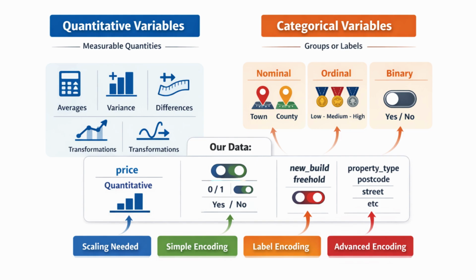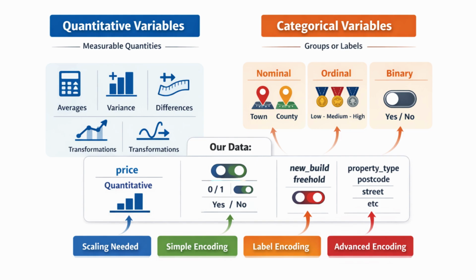These are numeric variables with mathematical meaning. You can compute averages, calculate variance, measure differences, and apply mathematical transformations. Whereas categorical variables represent groups or labels rather than quantities. Unlike quantitative variables, categorical variables do not have arithmetic meaning and require encoding before modeling.